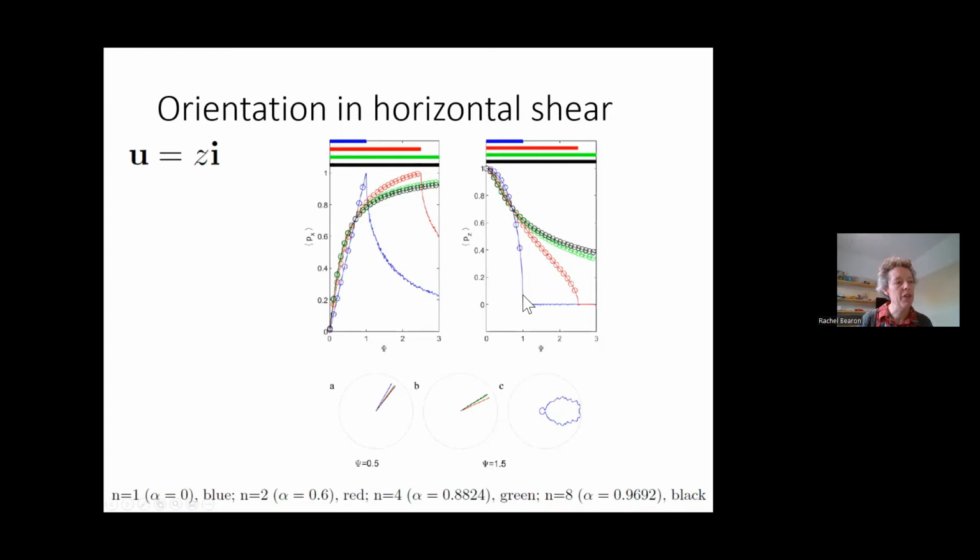And the different colors represent different shapes. Blue are our spheres with alpha 0. Red are the n=2 chains, alpha is 0.6, and then increasing chain length: green is 4, black is 8. The open circles are the analytic expressions for what this mean Pz should be.